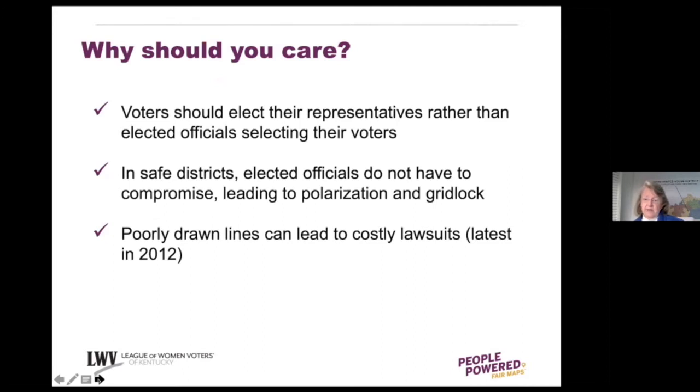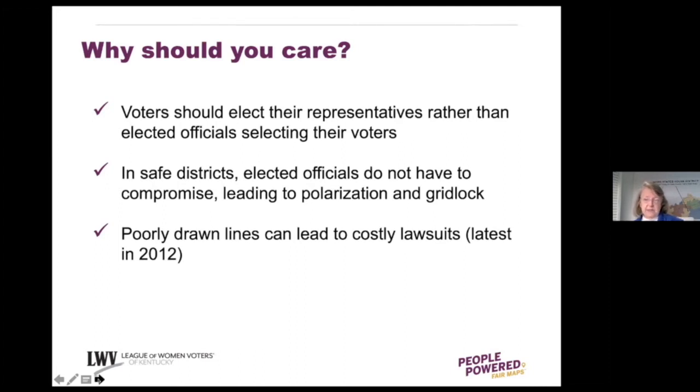We believe, as Professor Denman suggested, that voters should elect their representatives rather than elected officials choosing the people who will vote for them. And we know that that has happened. Both parties are guilty. It's sort of a natural instinct to want to protect your power, protect your own. But we think that that's not the democratic process.